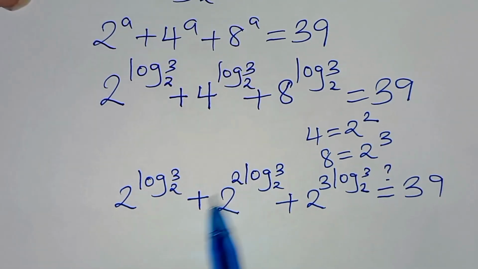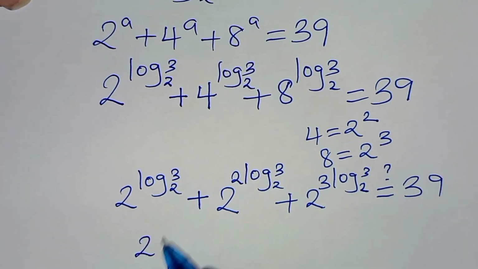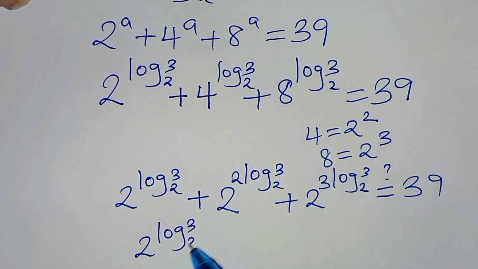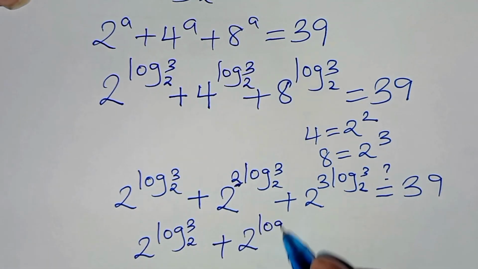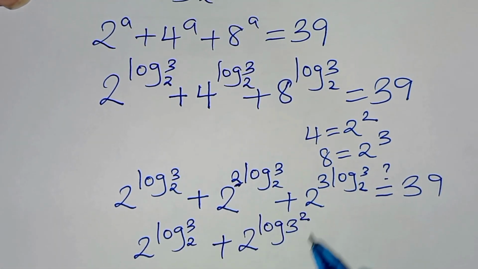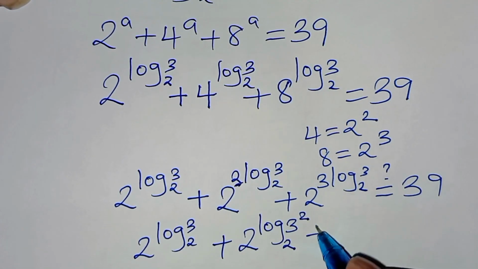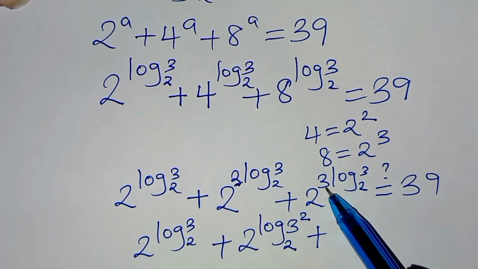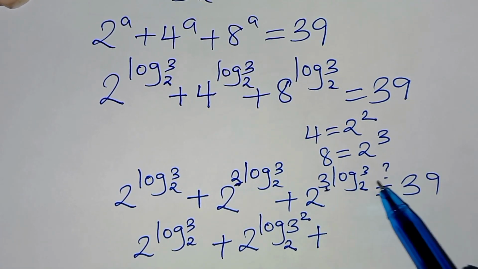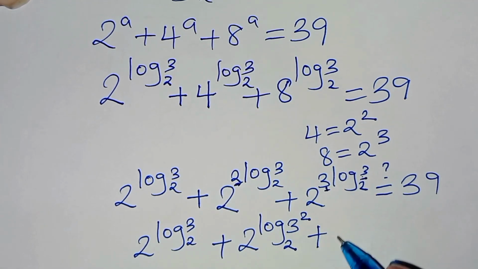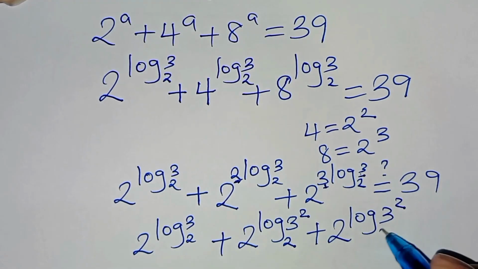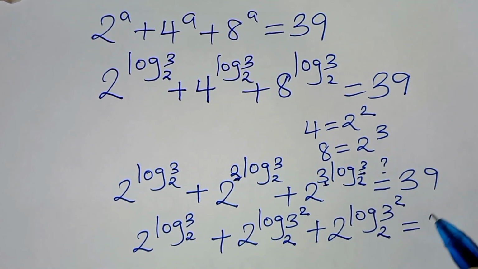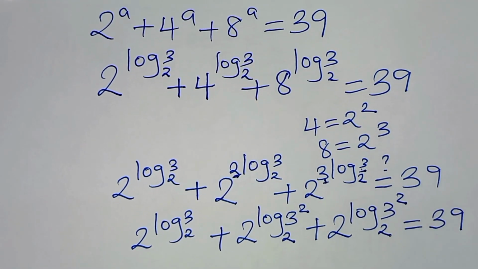Now, from here, the 2 is actually the power, so we can express this as 2 to the power log 3 squared to base 2 plus, where 3 is the power, 2 to the power log 3 cubed to base 2. This should give us a value of 39.